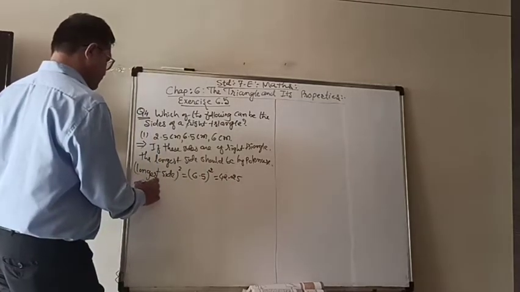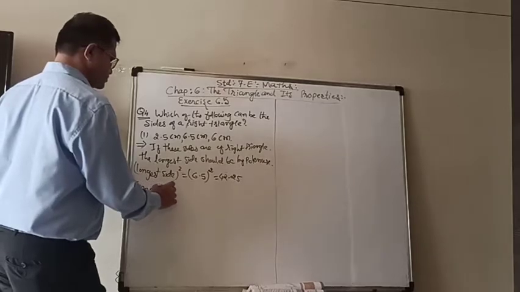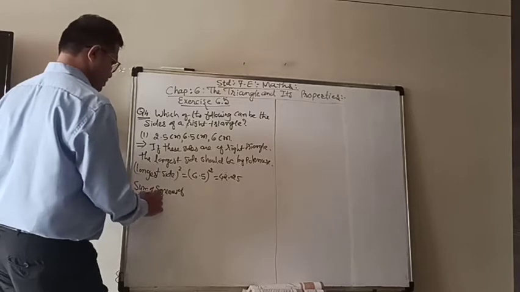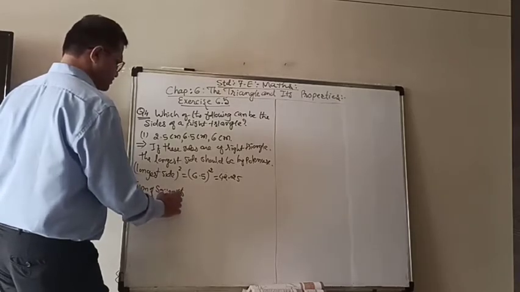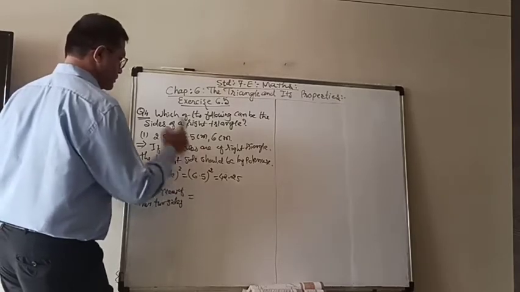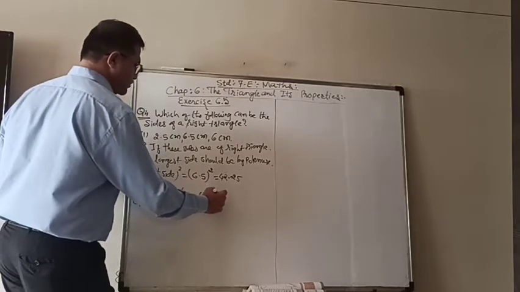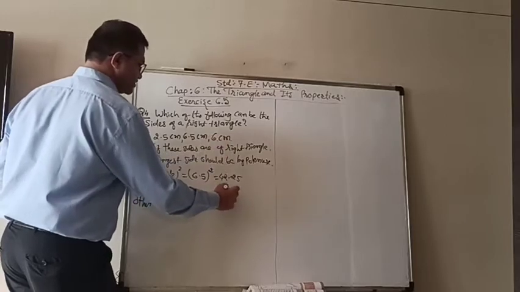And the sum of squares of the other two sides is equal to 2.5 square plus 6 square.